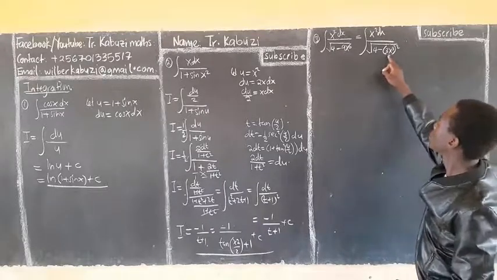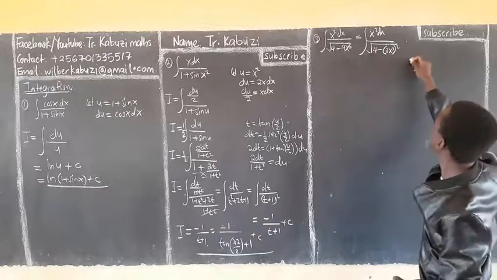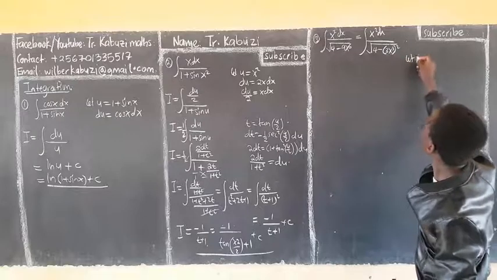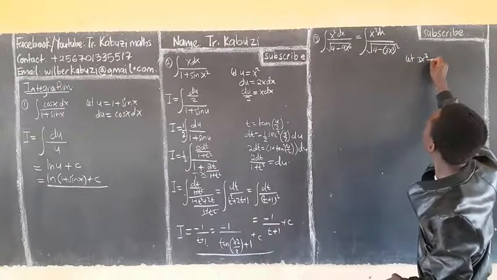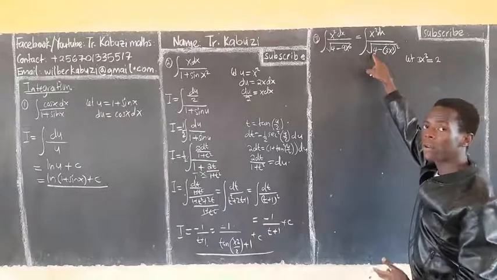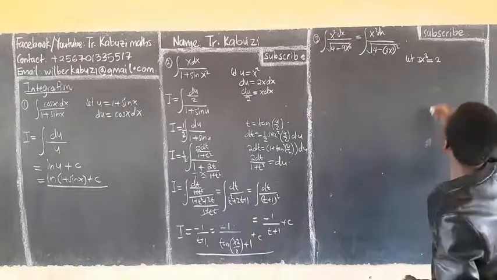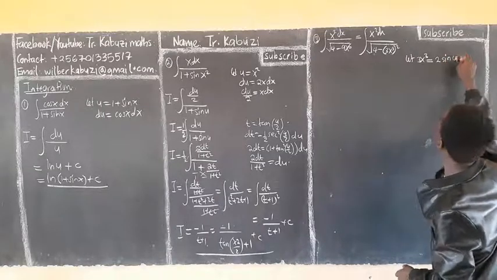Now, what I'm going to do is that here I have 2 squared, so I'm going to let the whole of this 3x cubed be 2 sine u, because we base on this to know what our sine is going to be. So 2 sine u.